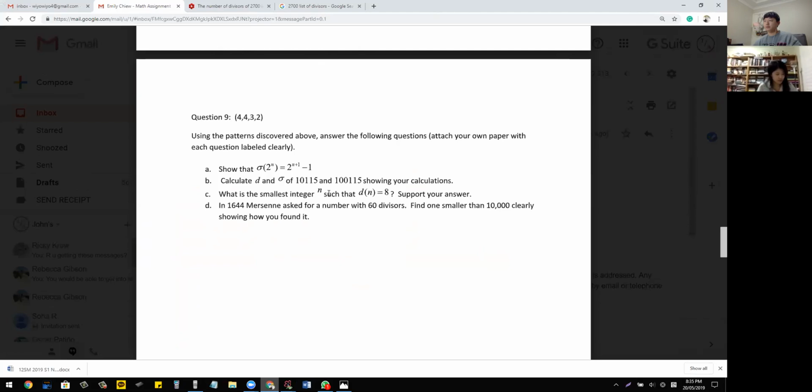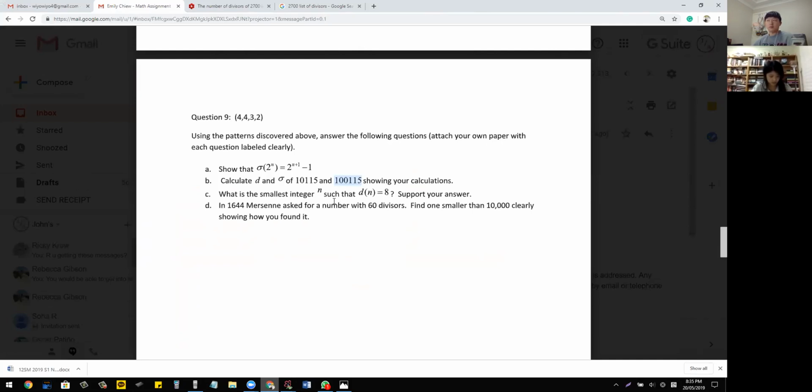Oh, I think we did A. Well, I think you can do D and sigma for this one yourself, right? That's pretty simple. All you have to do is just do prime factorization and use the conjecture. And the answers for this are available from Google. I think we went through that, right? Yeah, I think we did.